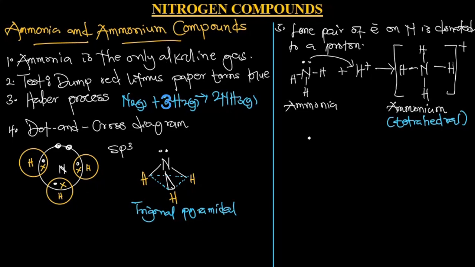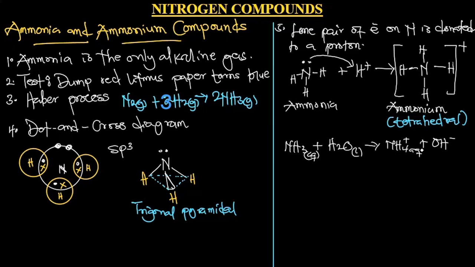So you have ammonia, NH3, plus water, and then you're going to be having ammonium, NH4 plus, and OH minus. So this is aqueous, liquid, aqueous, and aqueous. So ammonia is the base.